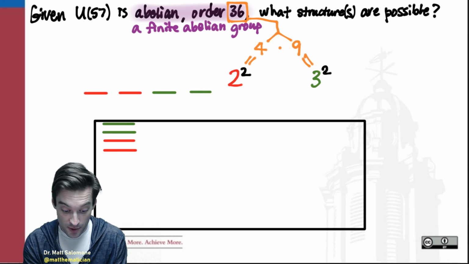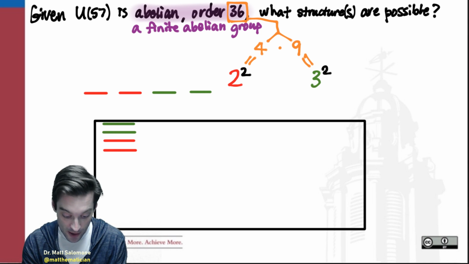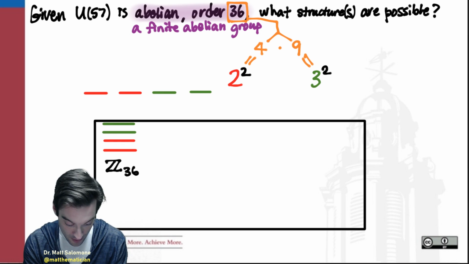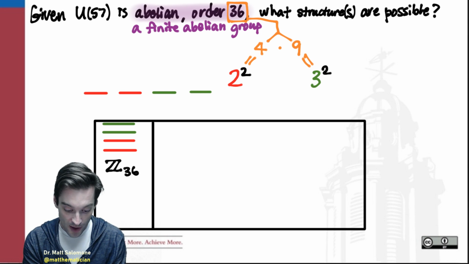And in that particular chip stacking arrangement, since each of those chips represents an order 2 and order 3 factor and they're all stacked together, I would just multiply those all together and find that the group we'd be talking about here, 2 times 2 times 3 times 3, would be Z36. Right? And so there is one option for what the algebraic structure of this group might be. So this is option number 1.